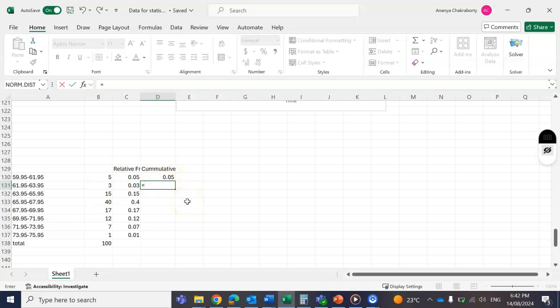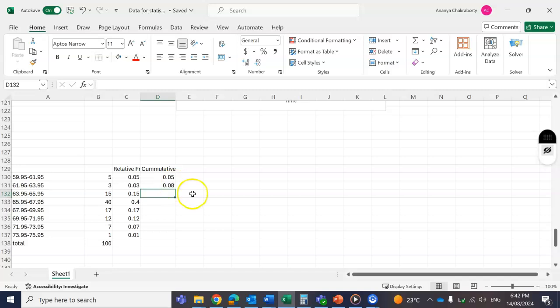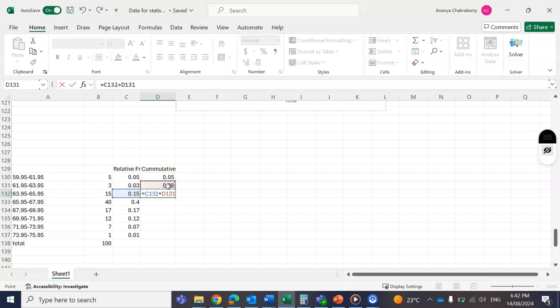So we add this plus the previous one, and this is the value for the second one. For the third one, we calculate this one plus second plus first. Second and first are already calculated, so we can just add the previous one here, and it gives the result of third plus second plus first.